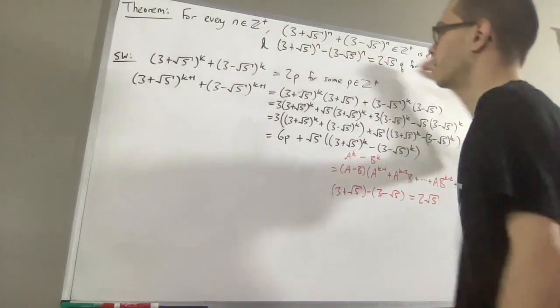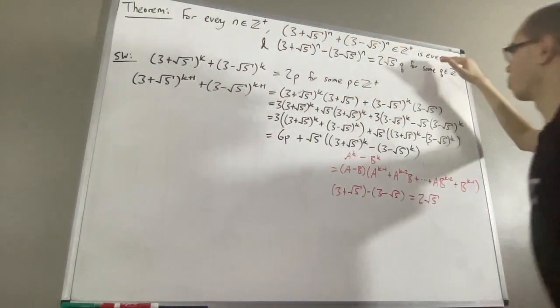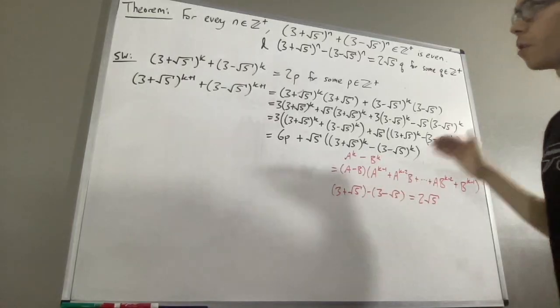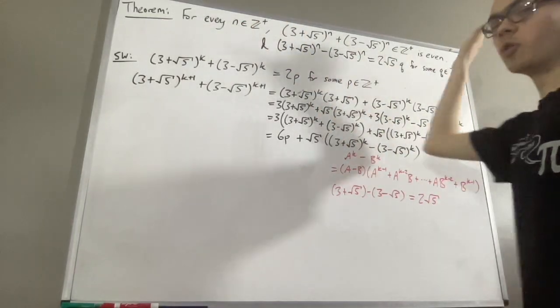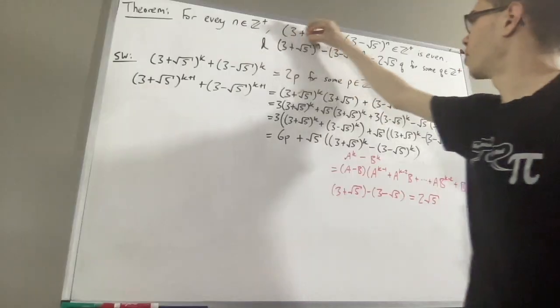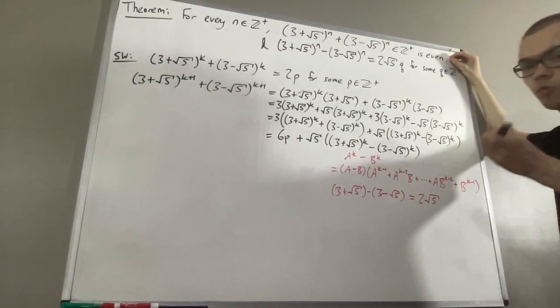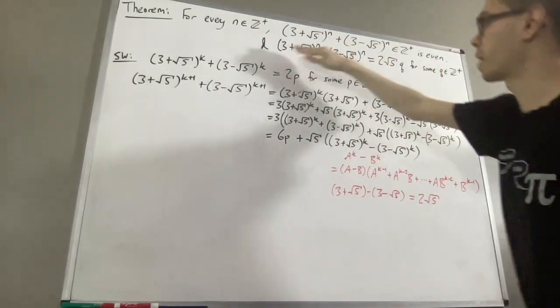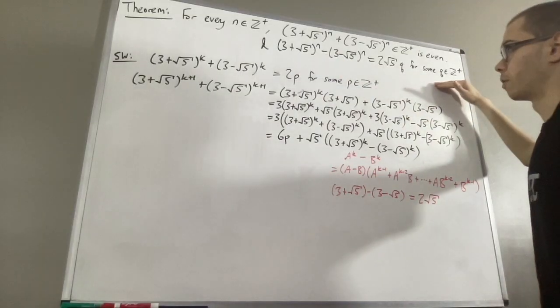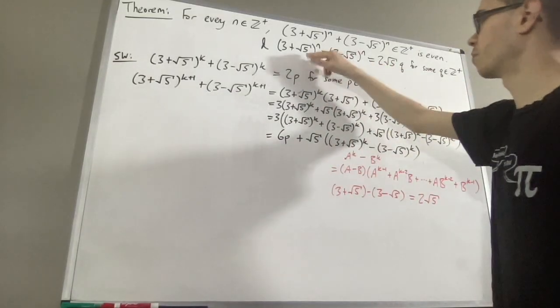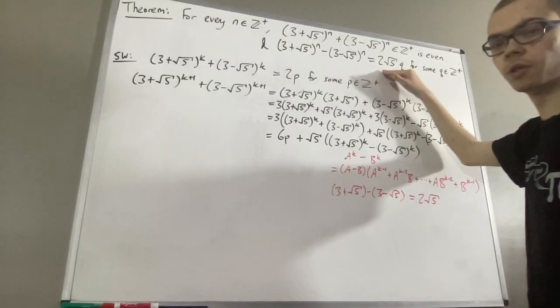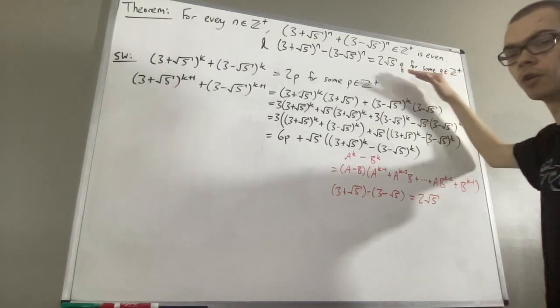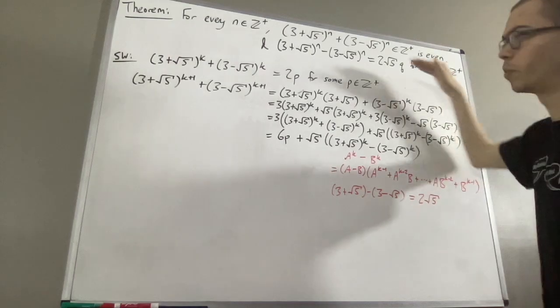Because if we prove this, it follows that the original statement we are trying to prove is true. So, to prove this by induction, in the base case, we would establish that this is true for n equals 1, which we already know happens, and we would establish that this is true for n equals 1. In fact, if n is equal to 1, this just becomes 2√5 times 1. So just take q to be 1 and you're all good. So yeah, the base case is good.